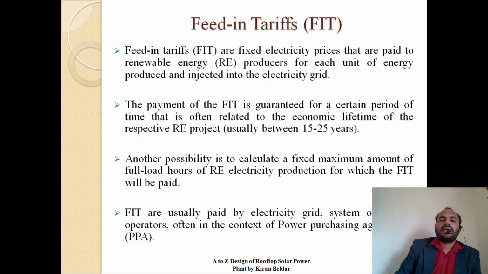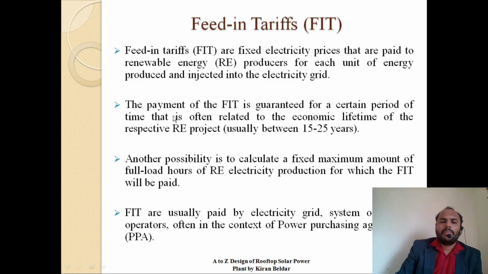So from this kind of renewable energy, whatever electricity is generated is sold to the electricity grid, and the grid or the private discom companies pay for those units which are given to them.